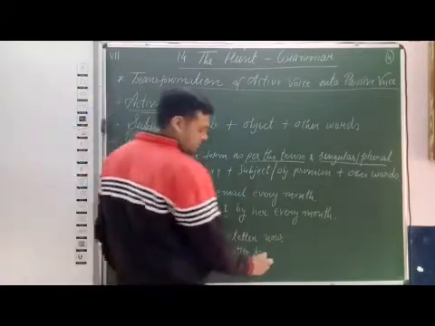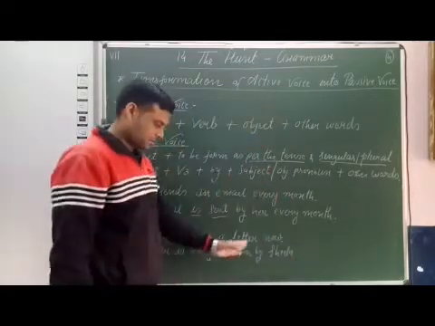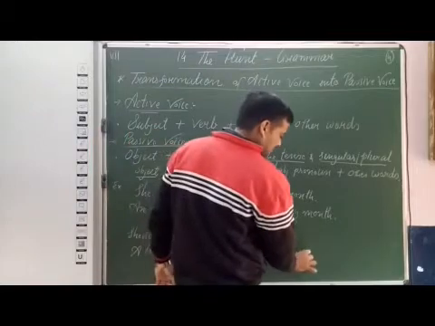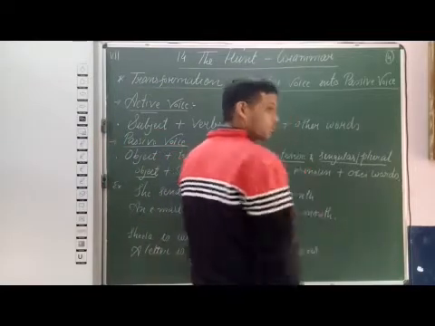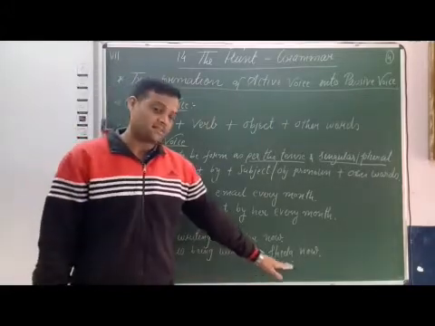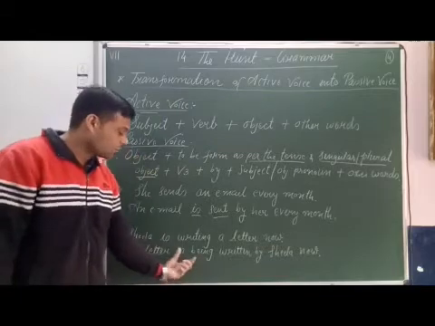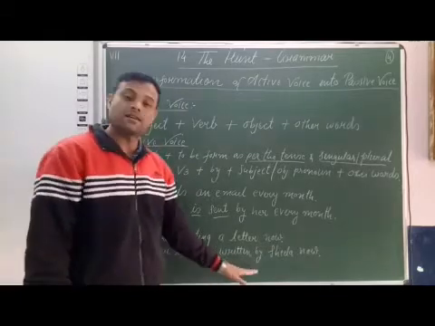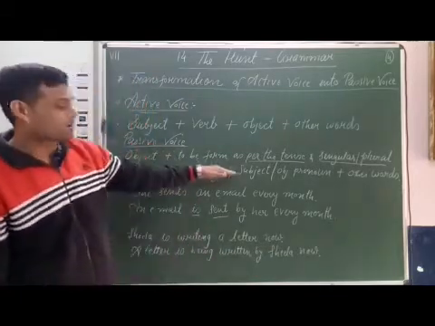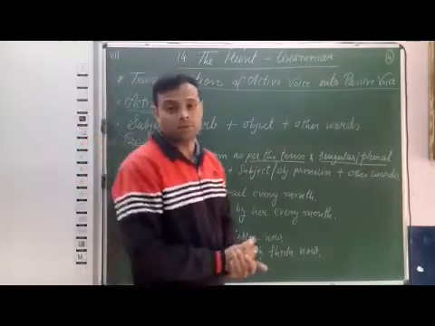Then subject Sheila. Then other words, that is now, and full stop. A letter is being written by Sheila now. So this sentence is now in passive voice. To be form is being written. We have followed the sentence structure. So the sentence is in passive voice.